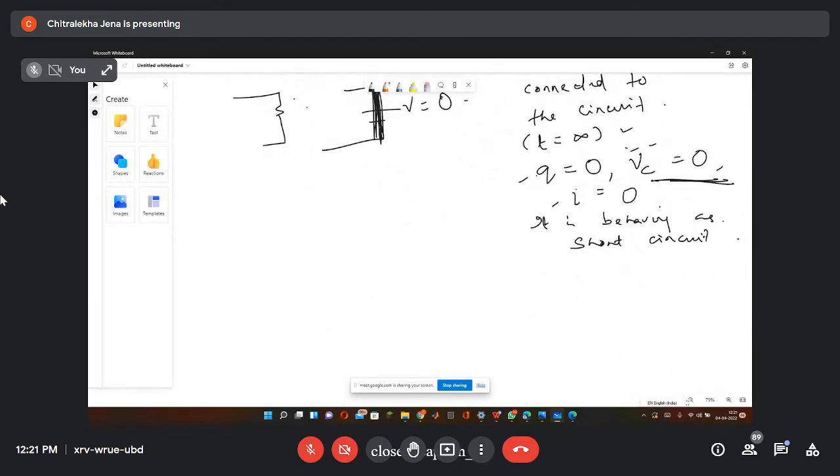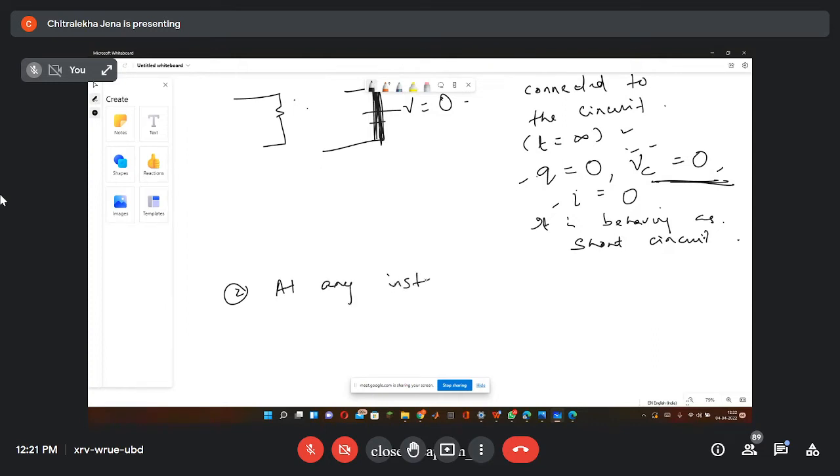Now coming to the second. Second is at any instant of closing of the switch. Okay. So this is the condition for t greater than 0 and less than infinite.